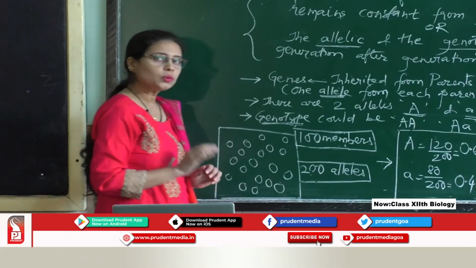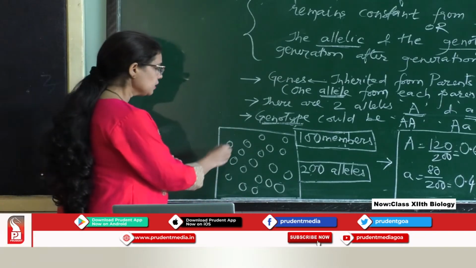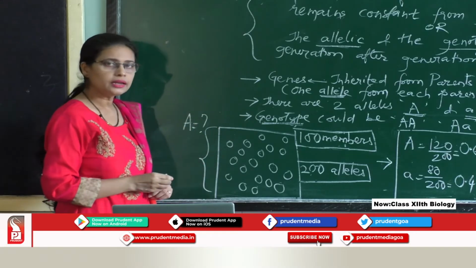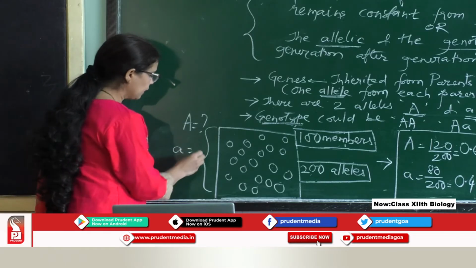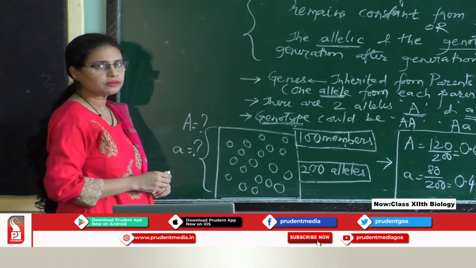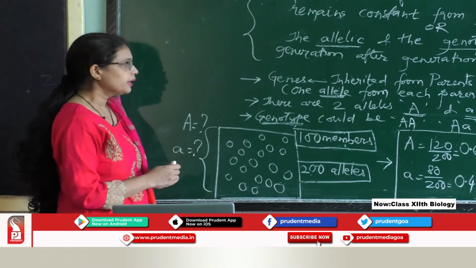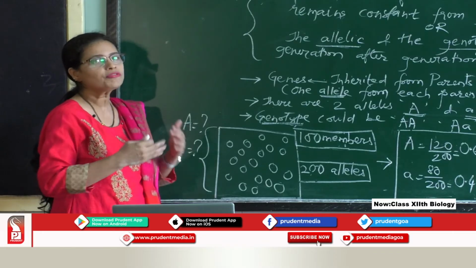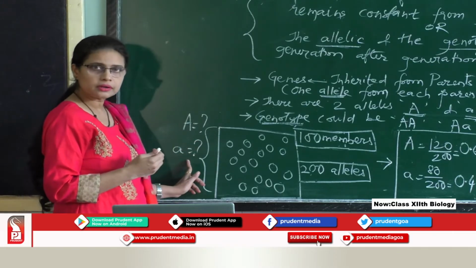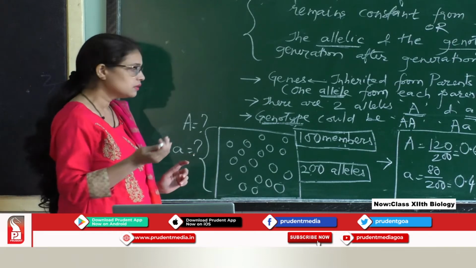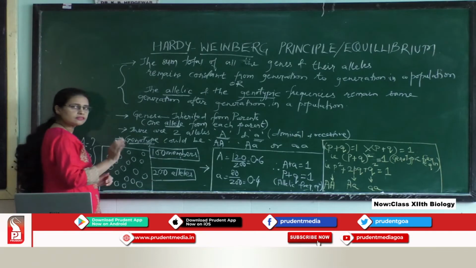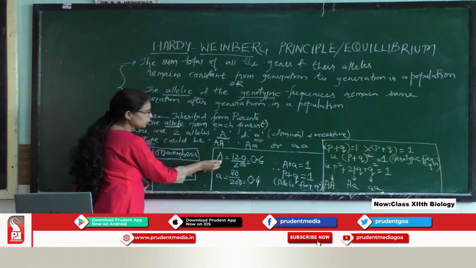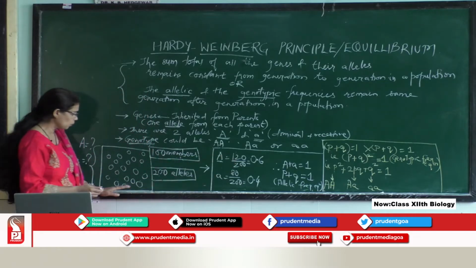Now, pay attention. If I want to find out in this population how many times the dominant allele A appears and how many times the recessive allele small a appears, then I am trying to find out the allelic frequency. How frequent is this allele, how frequent is that allele, that is allelic frequency. There is a very easy way of finding it. Suppose I know the frequency of the dominant allele, let us say it is 120 out of 200.